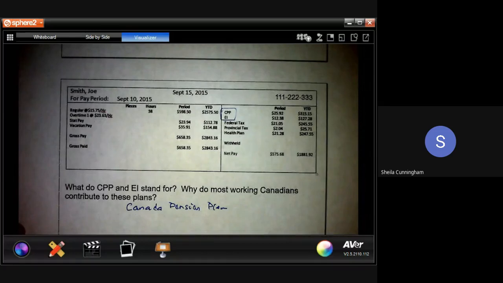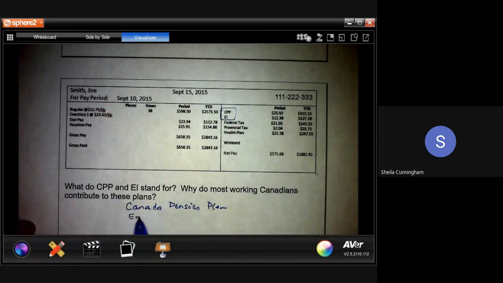You're going to pay into that no matter what job you're doing. And that's a benefit to you. Essentially, every paycheck you put money away, and then when you turn 65, you get that money out. So you're basically contributing so that when you turn 65, you can continue getting a wage.